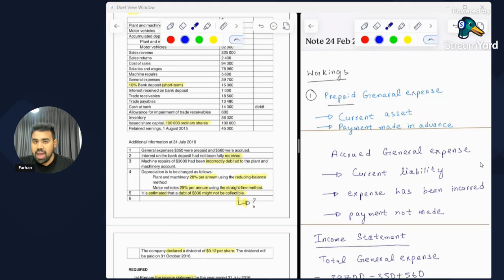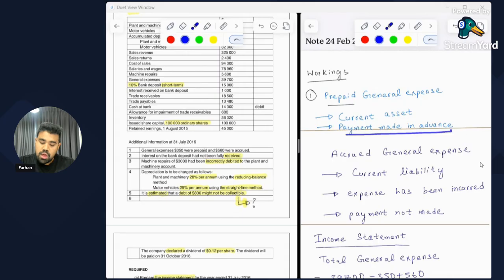So if we had paid expenses in advance, which we still haven't used yet, we have some economic benefit which we can consume in the next financial year after 31 July 2016. All right. So prepaid general expense in this case is a current asset. And the reason this is a current asset is because we have made the payment in advance, but we still haven't utilized the benefit that comes with this expense.